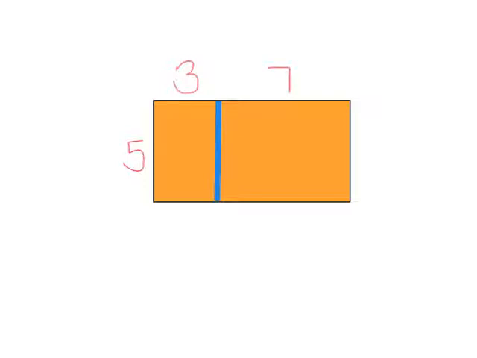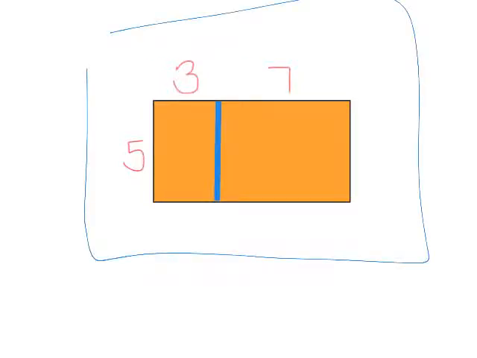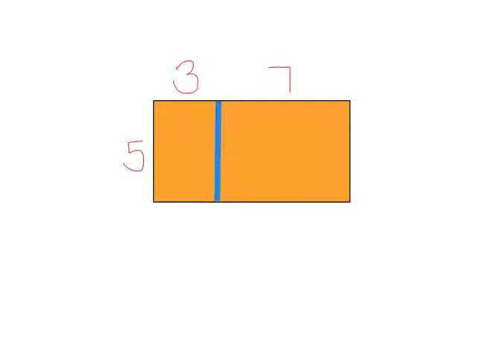All right, so let's say I want to find the area of this rectangle. I've got this whole big rectangle here, and I'm going to find the area of the whole thing. I could first find just the area of this section, and then the area of this section over here, and then add them together.